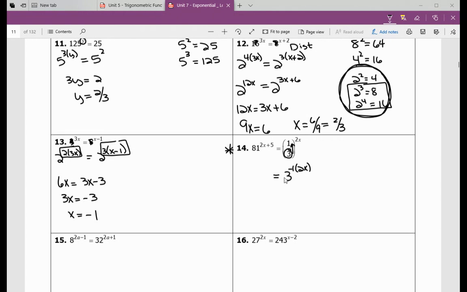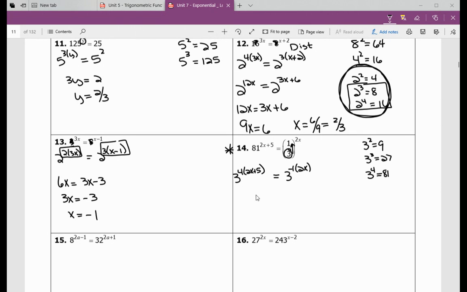Now, since this base is a 3, this base should probably be a 3. So 3 squared is 9. 3 to the third is 27. But 3 to the fourth is 81. So I'm going to change that to 3 to the fourth and multiply it by the 2x plus 5, the exponent that's already there.